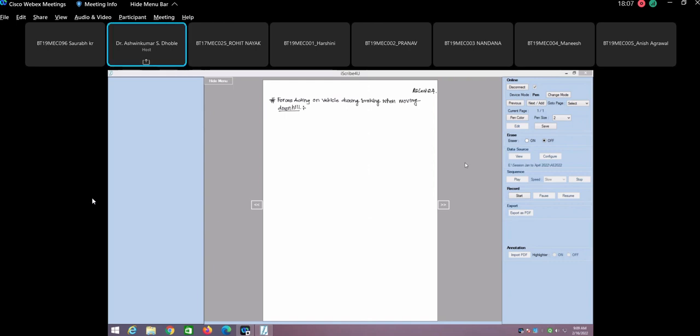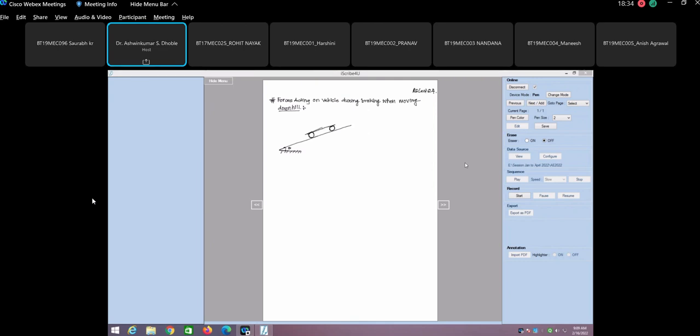So I will draw the figure. Let us say that this is the downhill slope. This angle is theta with the horizontal. Here we have got the vehicle which is moving downhill.